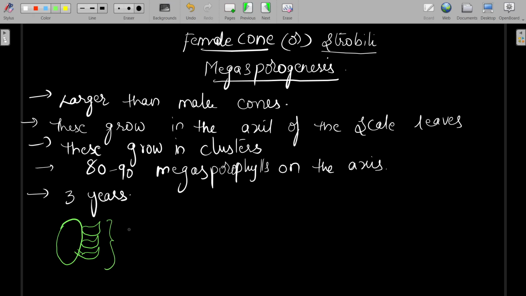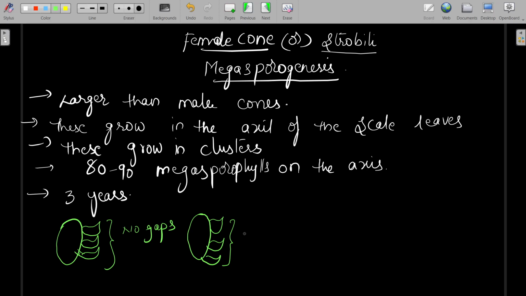Here there are no gaps, no gaps in between these megasporophylls. This is a 1-year-old female cone. In the second year, you can observe there is a gap, which means the megasporophylls are growing.